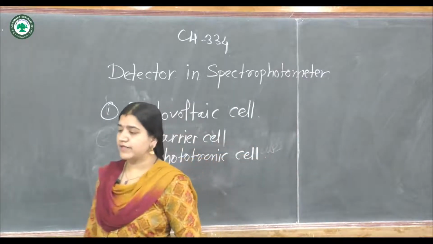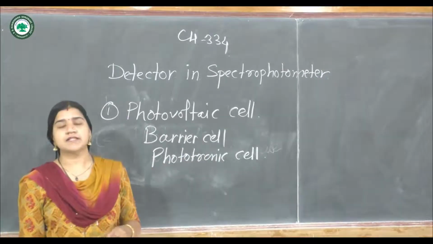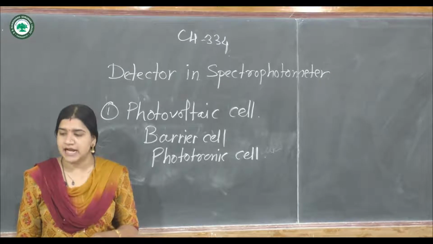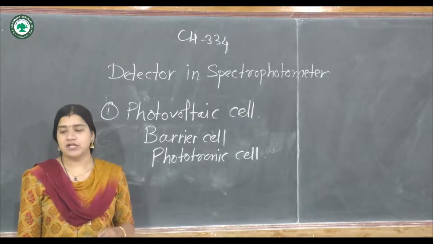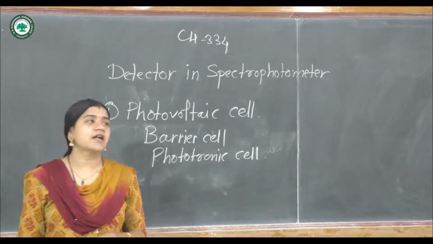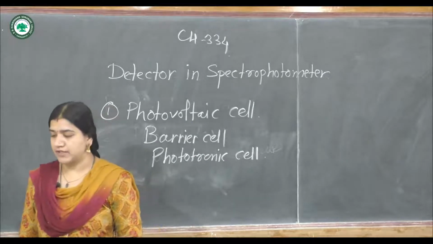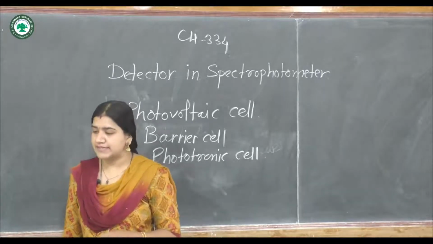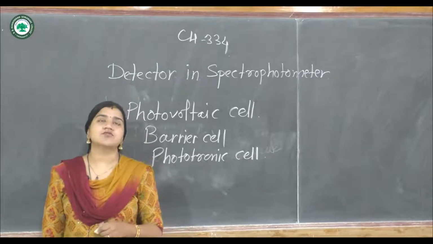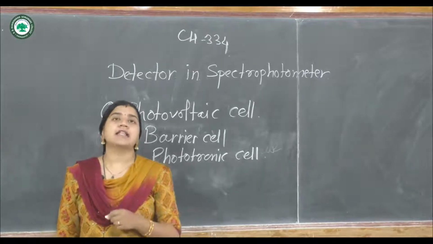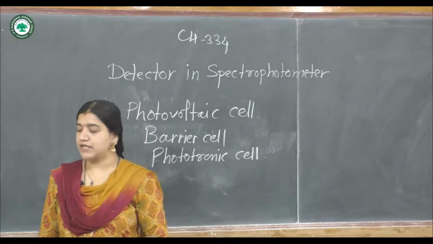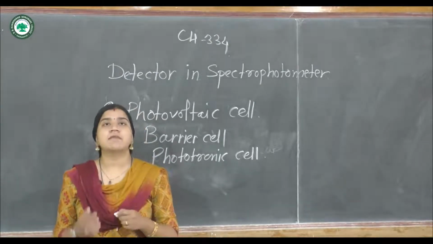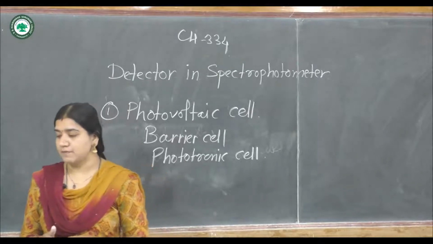In this cell, the radiant energy falling generates a current at the interface of the metal plate. As the name indicates, it consists of a metal base plate, and this metal base plate is covered by a thin layer of semiconducting metal.